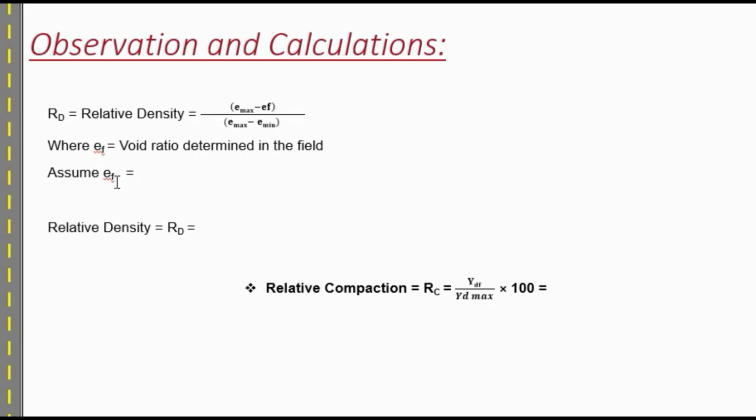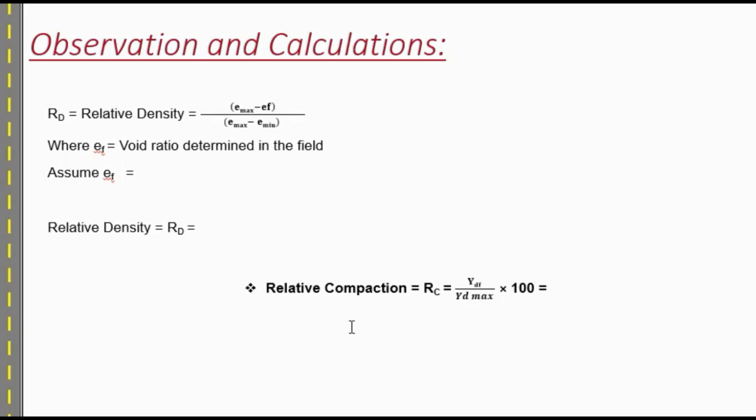We can assume the void ratio as well as we can calculate the void ratio by the field. So relative compaction RC is equal to gamma DF divided by gamma D maximum into 100. This is our relative compaction.